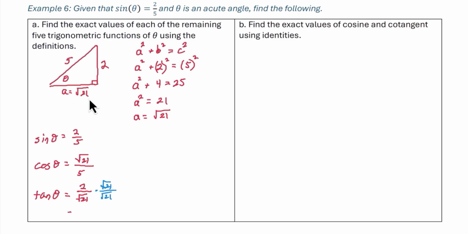And this will give us 2 square roots of 21 divided by 21 for tangent. Cosecant theta is the reciprocal of sine. So we can simply write that as 5 halves.